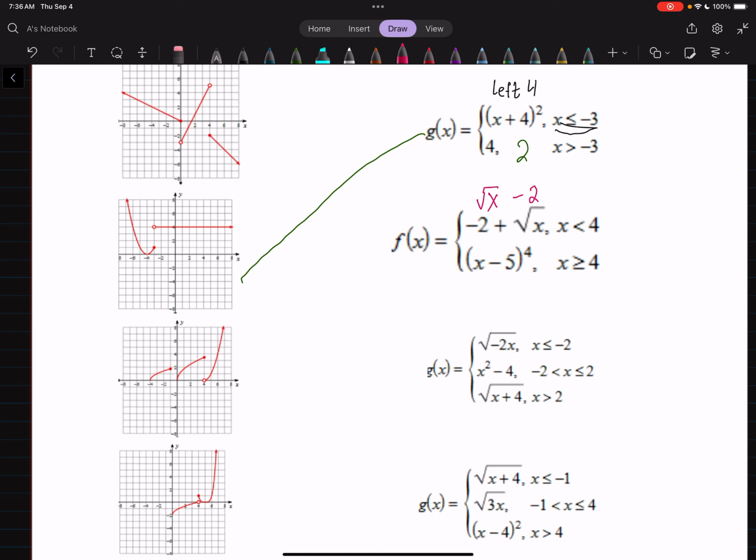So first, square root of x minus 2. That does start down and it does come up to 4, and it is strictly less than. That part looks good. (x-5)^4, this quartic function is being shifted to the right 5 units. And it matches this graph, so they pair together.